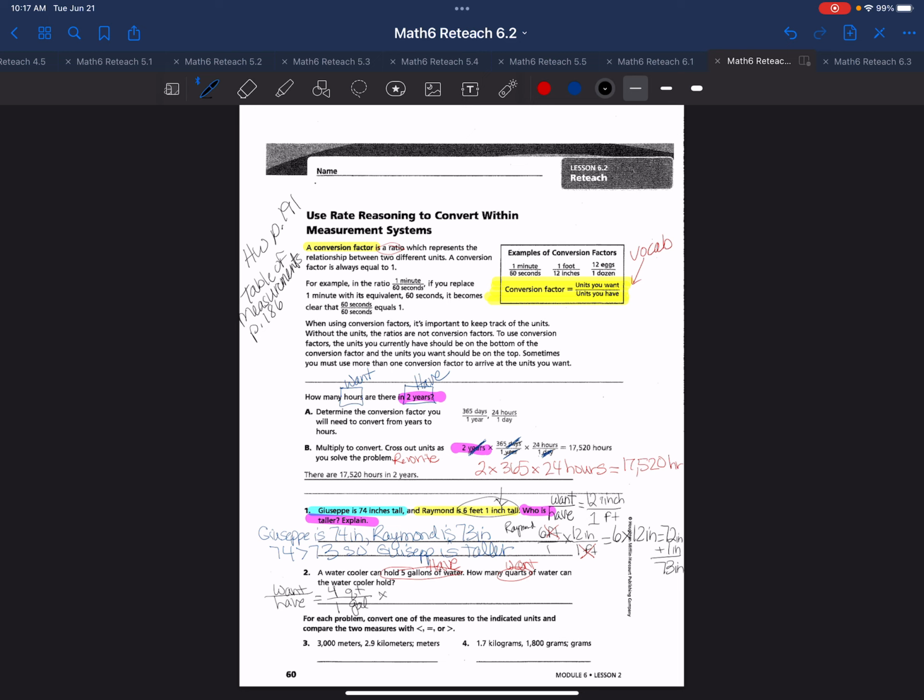And then I know that I need to multiply that by 5 gallons. Then I go ahead and cross out the unit of measurement. So what I have left is 4 quarts times 5, so that's 20 quarts.